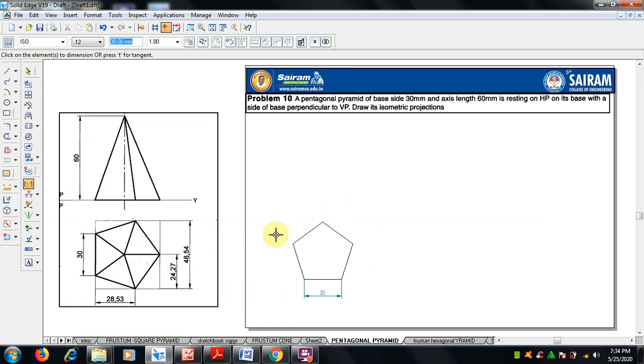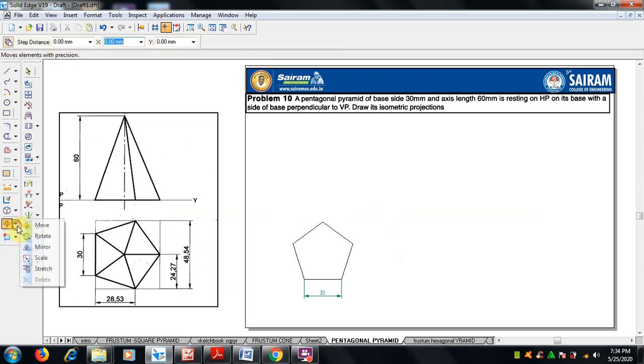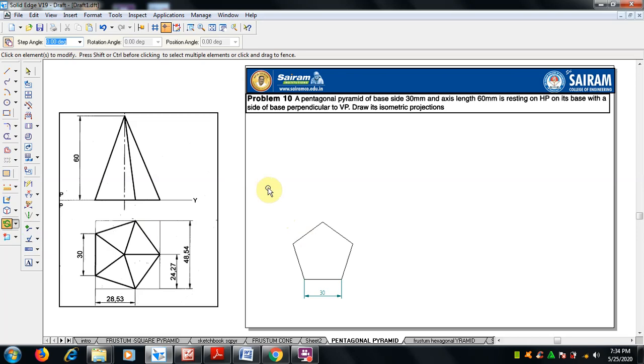But in SolidWorks, while drawing, just draw, and you can rotate. Already we know how to rotate it. Select this, and you can take the base. Any base should be kept in vertical position. That's what is given. So keep it in vertical position, one side.